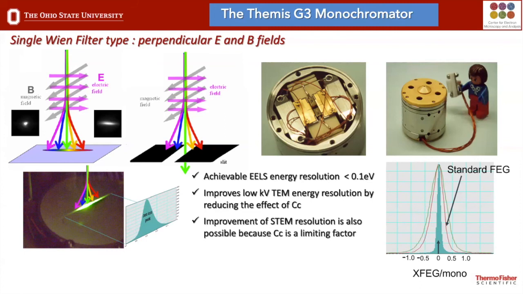You have about a 1 eV energy spread. That may be surprising if you're used to working on a Tecnai, because a standard FEG or an SFEG that's in a Tecnai will have about a 0.5 eV dispersion inherent to it. And so you would think, well, why doesn't the XFEG have a better energy dispersion? And the answer is because they wanted to have a high coherency, high brightness source.